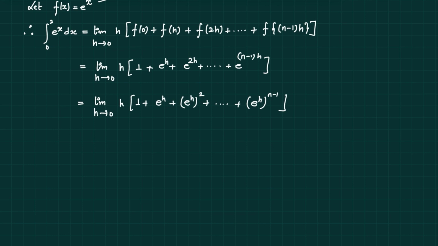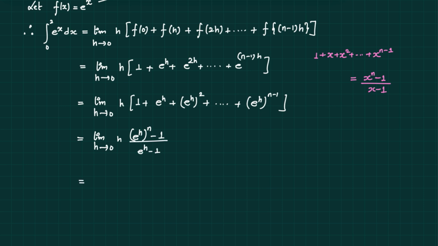And since we have one formula, that is 1 plus x plus x square up to x to the power n minus 1 is equal to (x to the power n minus 1) whole divided by (x minus 1). So using this formula, and instead of x there is e to the power h, we can write this as the limit h tends to 0 of h into ((e to the power h) whole to the power n minus 1) by (e to the power h minus 1).